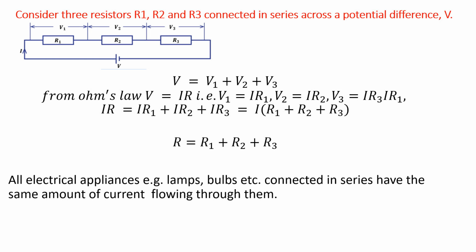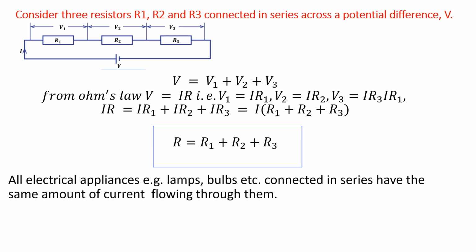So effective resistance for series arrangement of appliances, the resistors, bulbs, the fridge, and all those things that we use as electrical gadgets, is calculated by adding up the individual resistances.